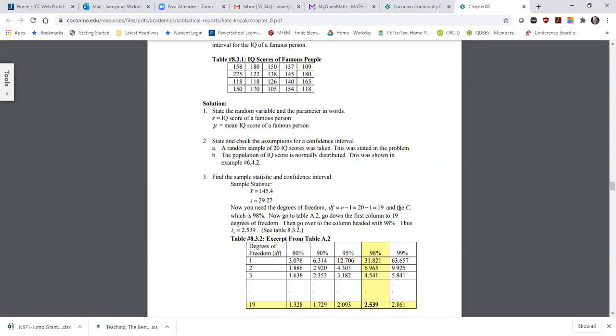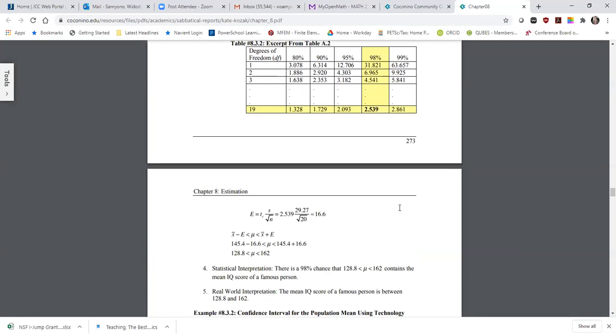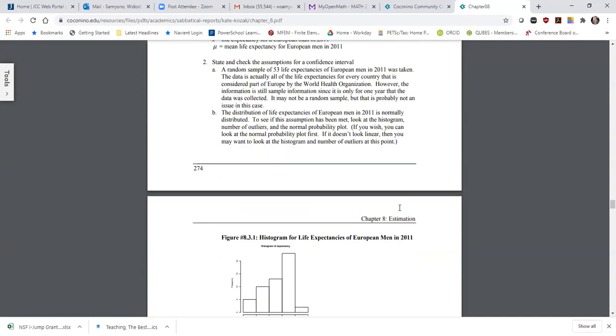Okay, that means it's narrower, right? That means the confidence interval will be narrower. Okay, let's go to the Excel.